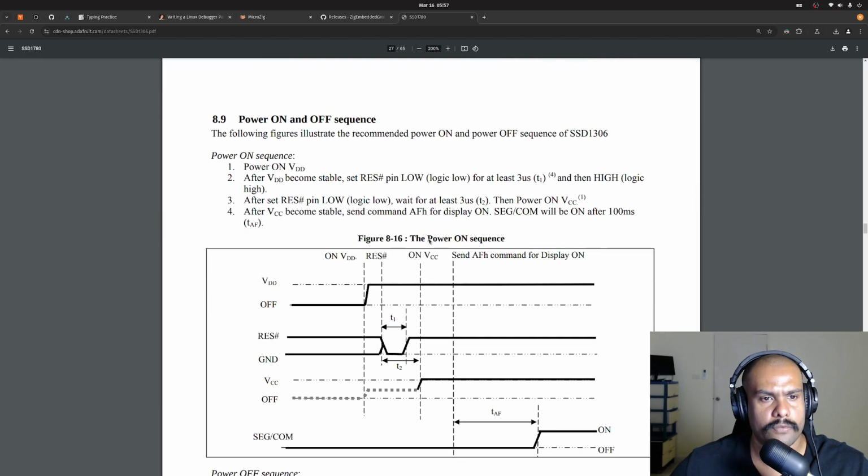Power on off sequence. The following figures illustrate the recommended power on and off sequence of SSD1306. Power on VDD. After VDD becomes stable, set RES pin low. RES pin low for at least 3 microseconds, and then high.